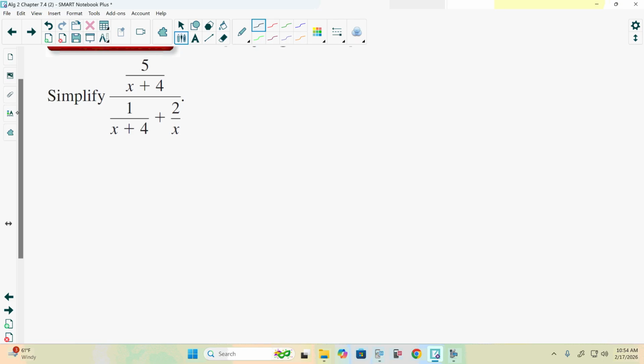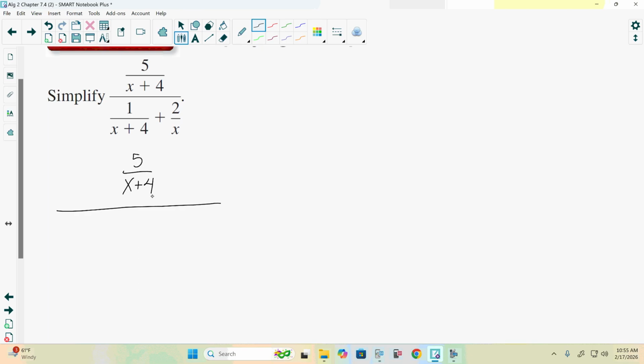Method 1 says I want one fraction on top and I want one on bottom. And as we look at this first one here, the numerator, 5 over x plus 4, is one fraction. We have a single fraction on top, so we're good there.